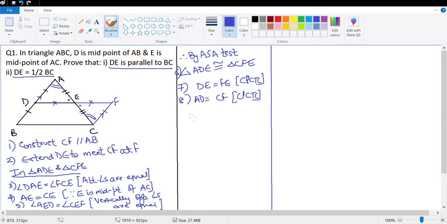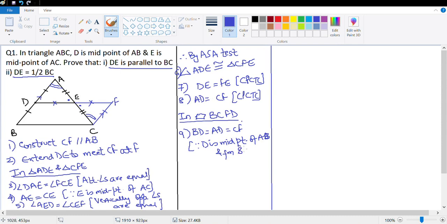So let's look at what else we get in quadrilateral BCFD. What do we have? Number 9, BD is equal to AD is equal to CF. Why? Since D is midpoint of AB, and from where do we say AD is equal to CF?